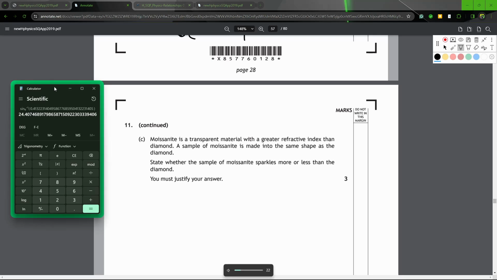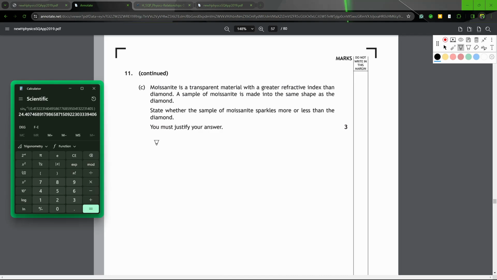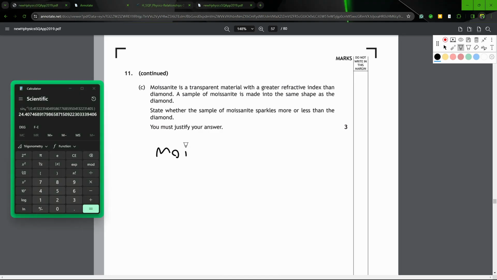So for this one, I think I'm going to do it by calculation. So we'll say moissanite refractive index is 3 or something.